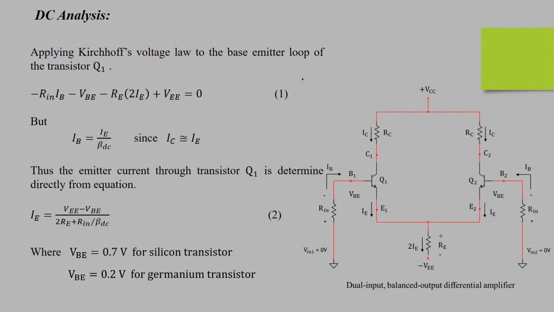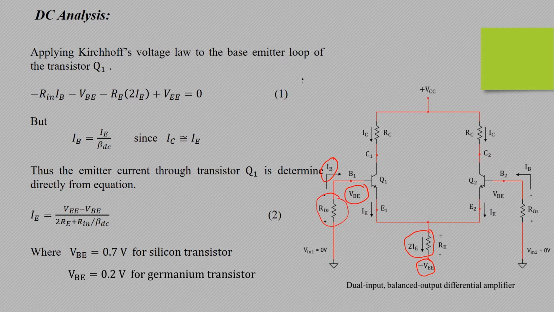So we have to apply the Kirchhoff's voltage law to the base emitter loop of transistor Q1. For this loop we can write minus Rin into IB minus VBE minus RE into 2IE plus VEE is equal to 0.